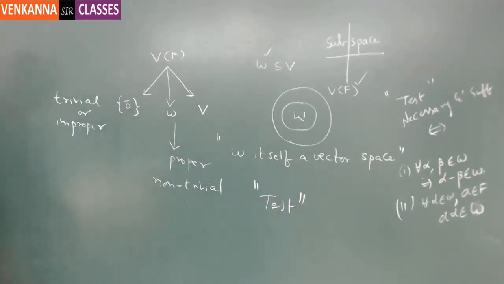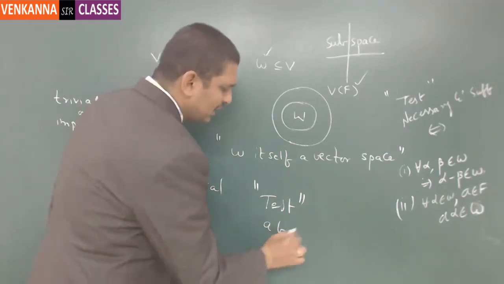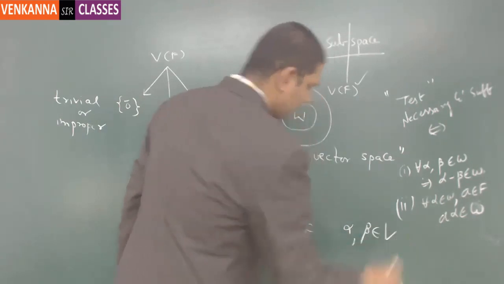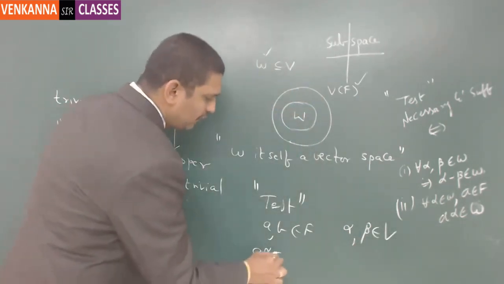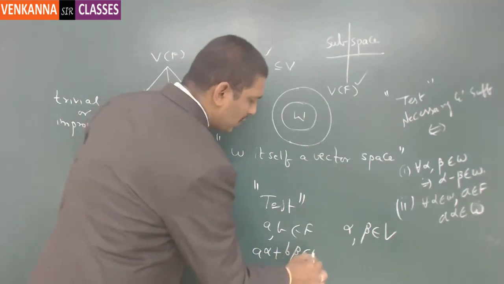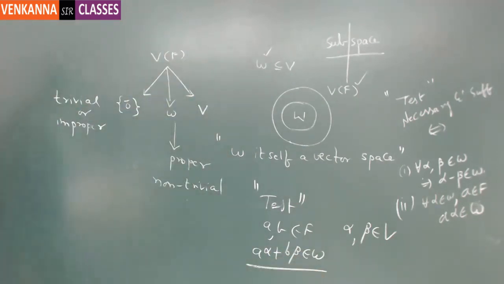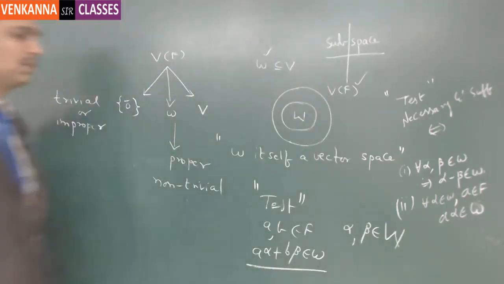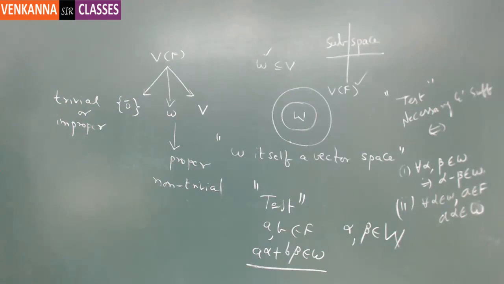You can take any two numbers and any two vectors, then A alpha plus B beta must belong to W, where alpha, beta are any vectors in the subset W, because you are checking for W, and A, B are any scalars in the field F. So the result A alpha plus B beta must belong to W. Then we say that W is a subspace of the vector space V. Okay.